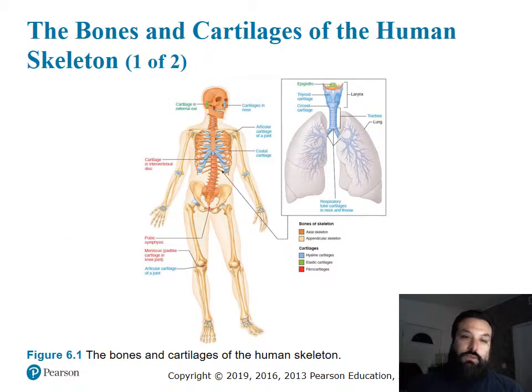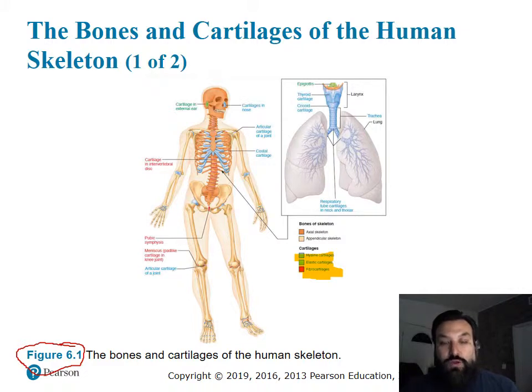So this figure, figure 6.1, is a nice figure to look at when looking at the different types of cartilage that you find in the human body. So there's your cartilage. I'm highlighting all that area right there of your three types of cartilage.